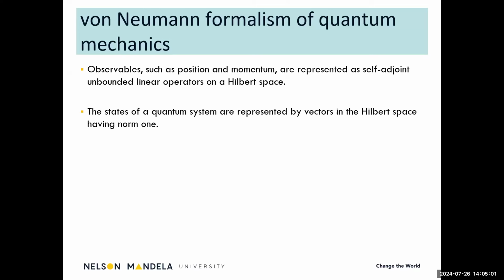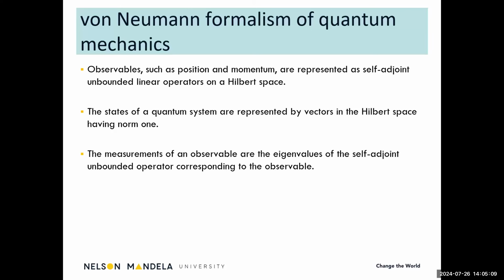The states of a quantum system are represented by vectors in the Hilbert space having norm 1. The measurements of an observable are the eigenvalues of the self-adjoint unbounded operator corresponding to the observable. Of course, if it's self-adjoint, then the eigenvalues are real, and we want to take real measurements. So this does make sense.